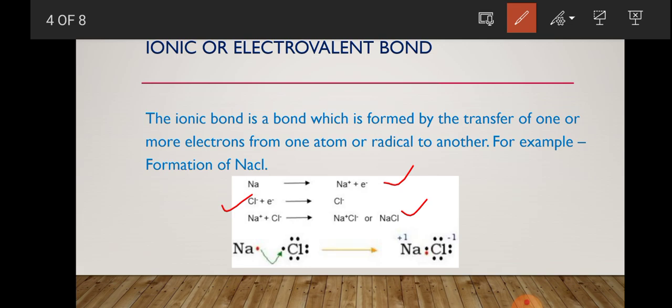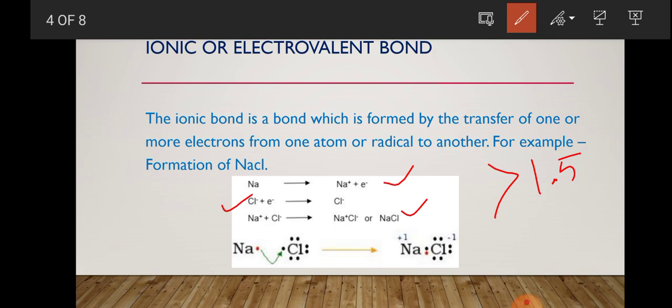Another piece of information is important here: if the difference of electronegativity of two elements is very high, that is greater than 1.5, then through the transference of electrons in the outermost shell of the two elements, ionic bond is formed.